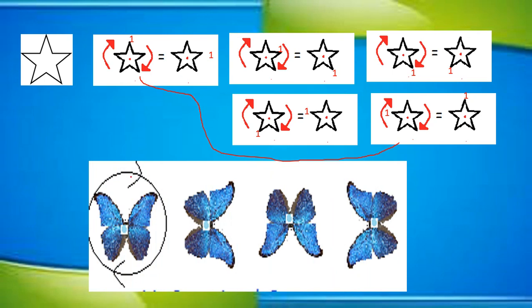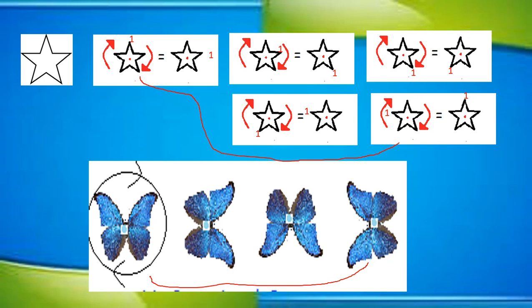Here again, this is the image of a butterfly. When it rotates in this way, the image is horizontal. Now when it rotates again, its image is vertical, but the faces are different, and here it is in the next rotation. So can we say that the last image is looking exactly the same?